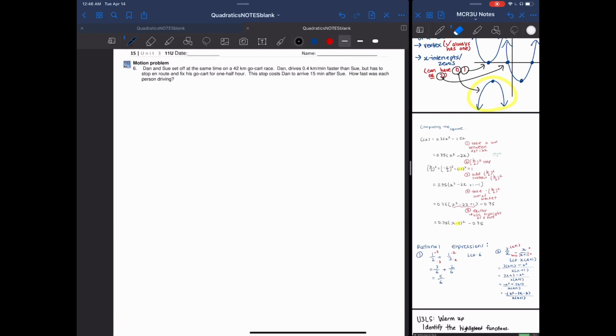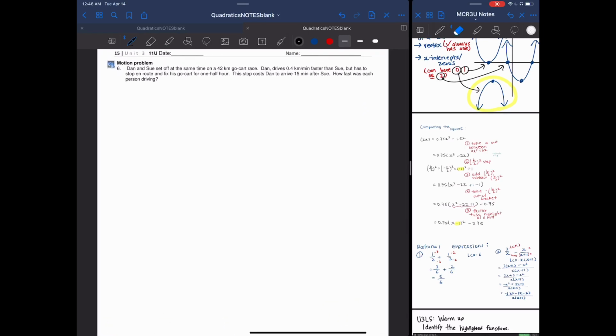Question number 6. Okay, heads up for this question. It's a pretty big question again for question 6. Dan and Sue set off at the same time on a 42-kilometer go-kart race. So they're traveling the same amount because they're both going on this go-kart race, right?